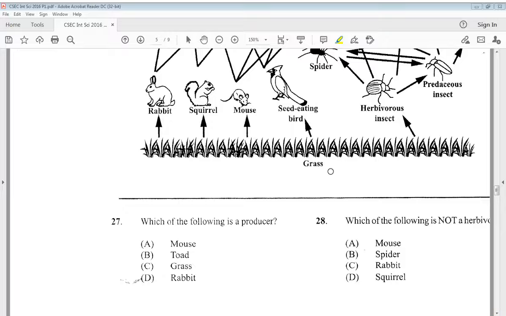The producer would be the grass, C. 28 says, which of the following is not a herbivore? A, mouse, B, spider, C, rabbit, D, squirrel. This is B. Spider, not a herbivore.